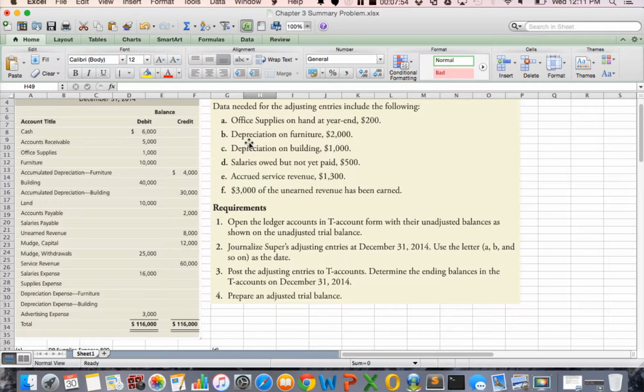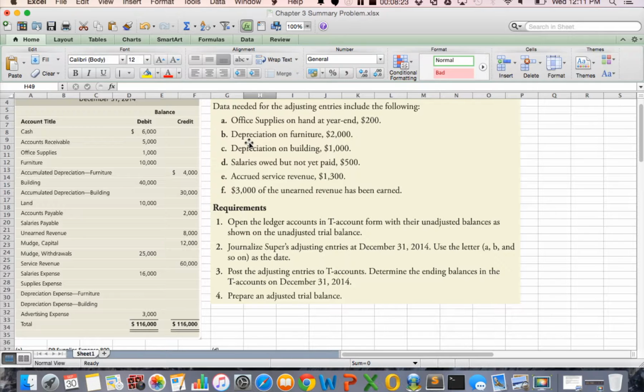You see the word depreciation, you know this is going to be some type of depreciation problem. And I told you in class before that when you see depreciation, there's only one format for the journal entry. Okay, it will be a debit to depreciation expense and a credit to accumulated depreciation. Okay, and I said the only thing that may be slightly different about that is it may be a little bit more specific.